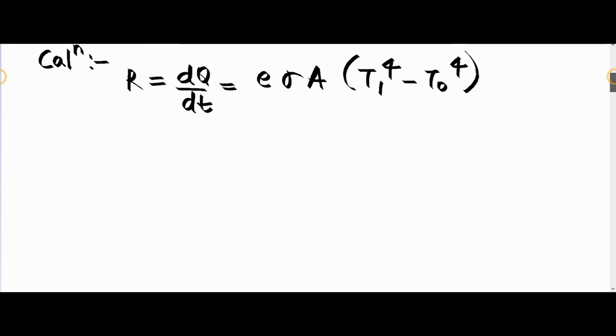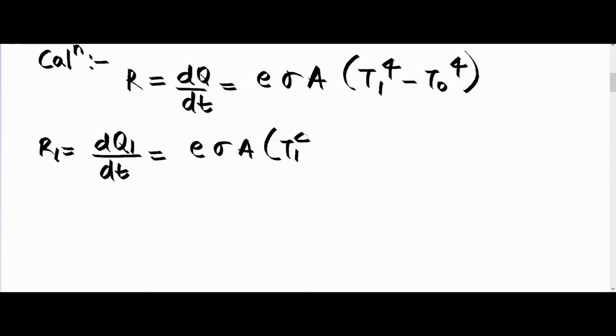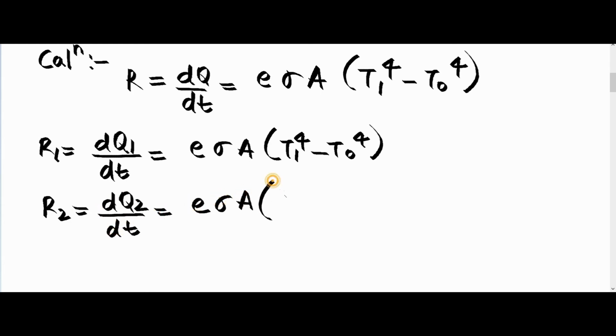So R1 will be equal to dQ1 upon dt is equal to E sigma A, T1 raised to 4 minus T0 raised to 4, and R2 is equal to dQ2 by dt is equal to E sigma A bracket, T2 raised to 4 minus T0 raised to 4.